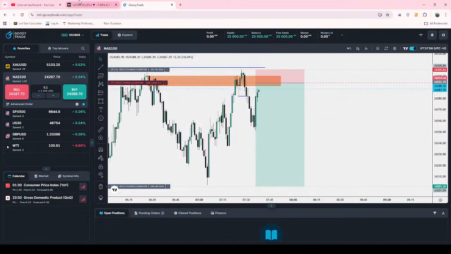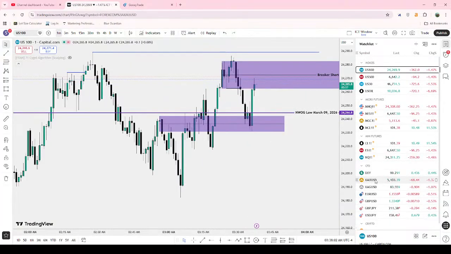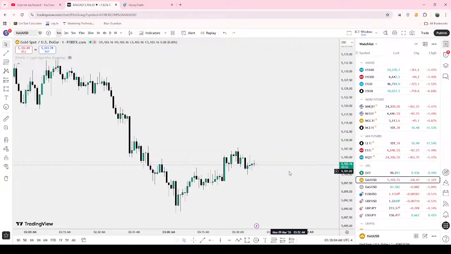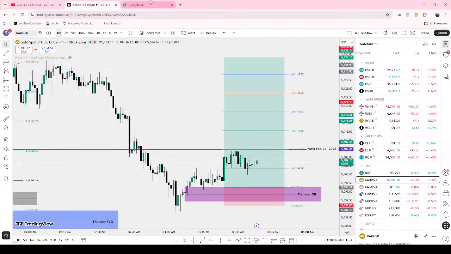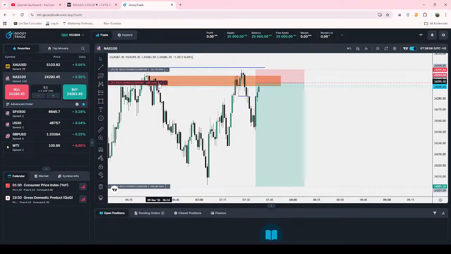We will enter the trade in NAS 100 shortly. I hope it goes in our direction, and the gold is resisting the downside movement.